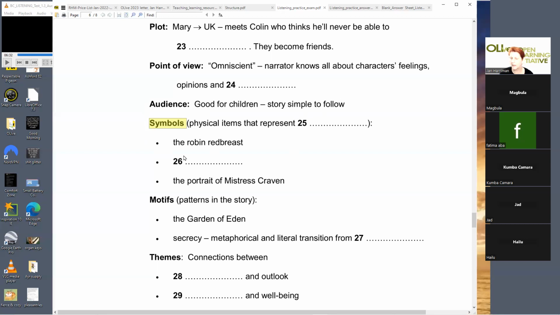If you miss 25, don't worry about it. The next thing to do would be to listen for the robin and something else after it, because they do come in order. I hope you're seeing these all came in the order of the recording. That is the advantage. The harder questions do come in order.